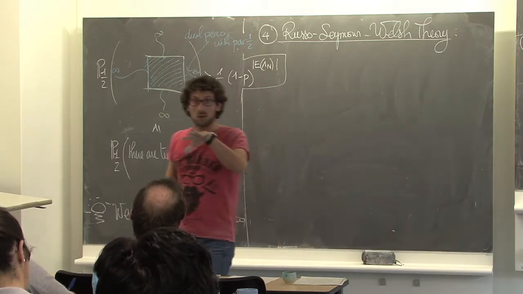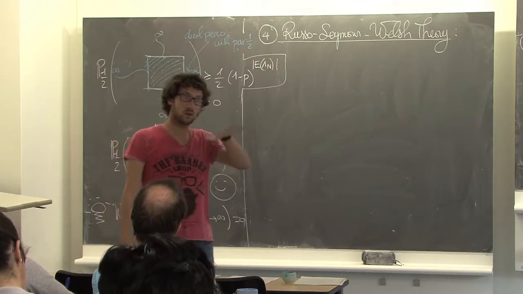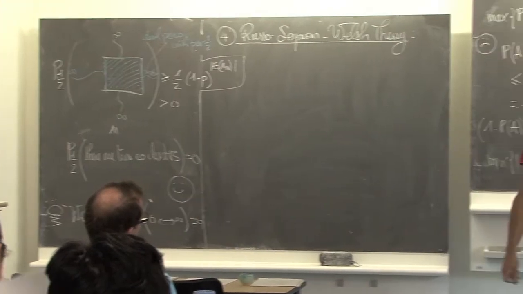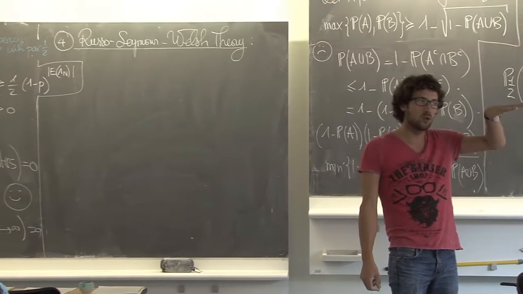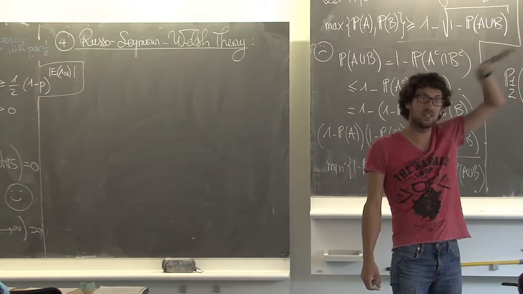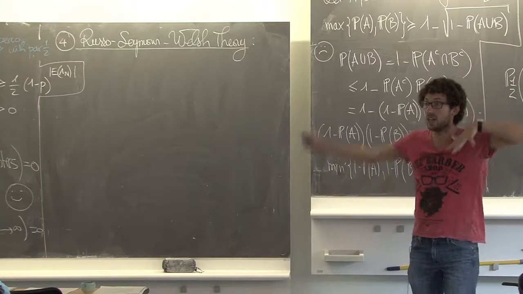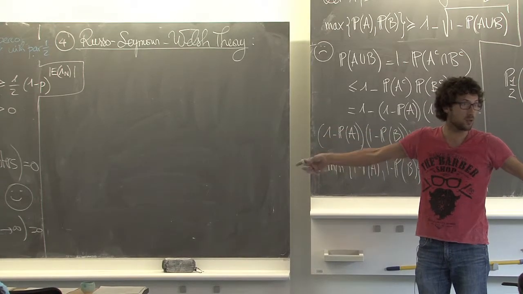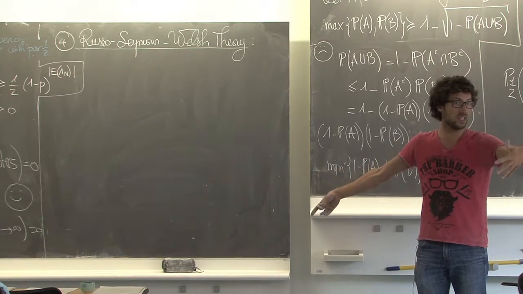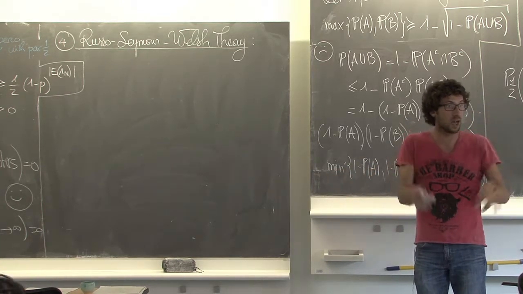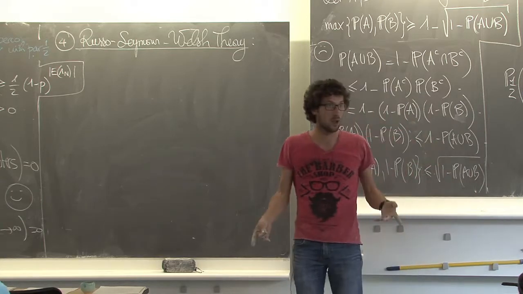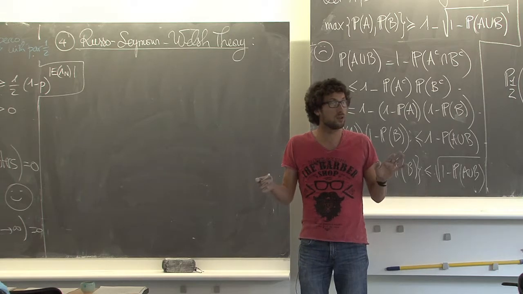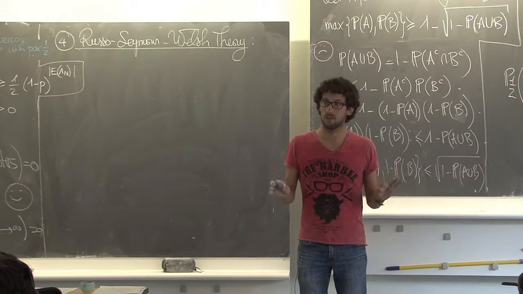So notice, at PC, we know there is no infinite cluster, and there is therefore no infinite cluster in the dual as well. So the argument that we used to prove that PC couldn't be strictly larger than a half doesn't work here. And it's not contradictory because we needed to prove that the sum of the probabilities of the event En was finite, that we had only finitely many circuits. And for that, we used the exponential decay. But the exponential decay, we proved, was not holding at PC.